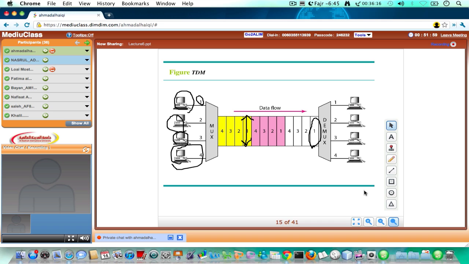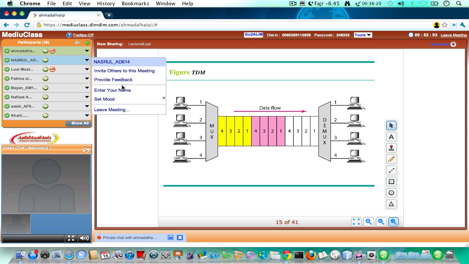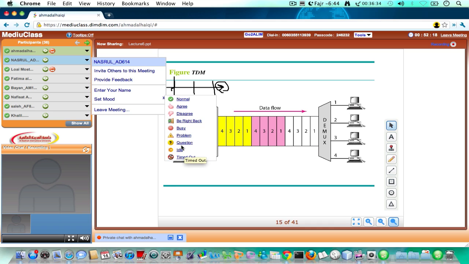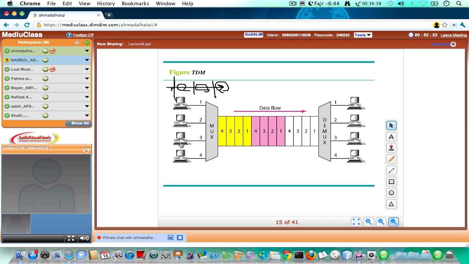If you consider a signal here from one, I am at slide 15, we divide this time-wise into units. This is a unit, this is a unit, this is a unit. Then we take each unit and give it a time slot here.